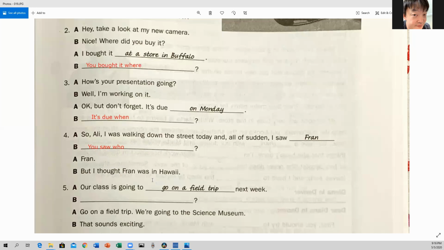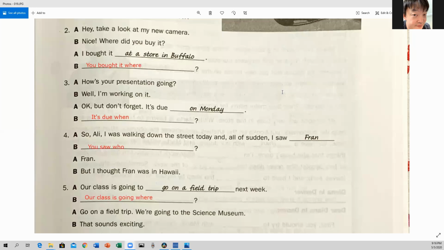Our class is going to go on a field trip next week. Clarifying question. Our class is going where? Go on a field trip. We are going to the Science Museum. That sounds exciting, okay?